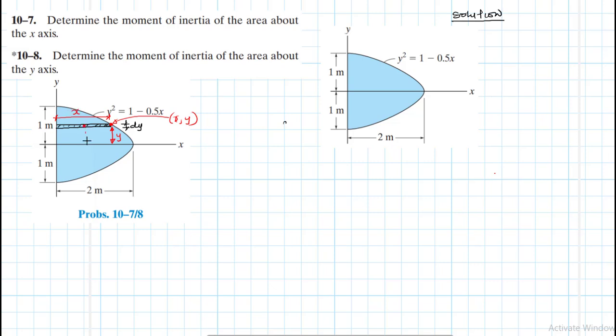The centroid location for this small strip is just half of x, so x tilde is equal to x divided by 2. And then we can define our dA. Our dA is equal to x dy. This is the area: you have the length of x and a thickness of dy.